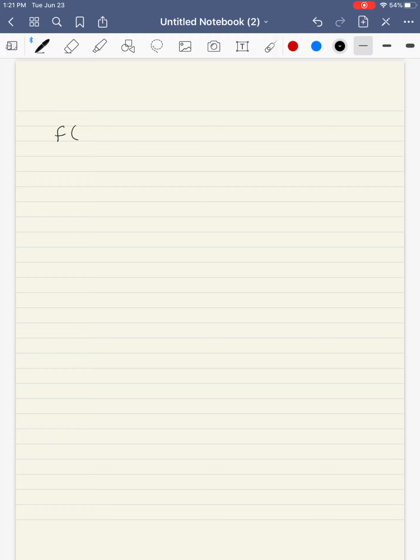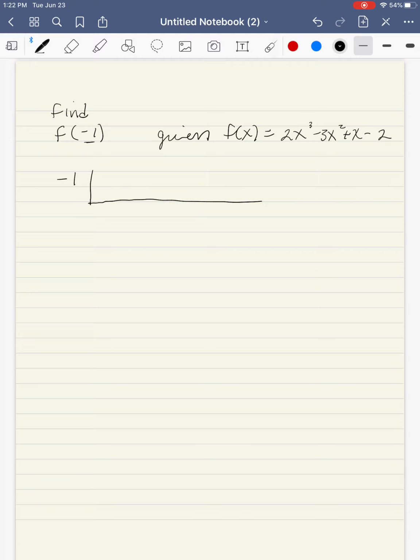So for the rest of this lesson, if it asks you to find a function value, say f of -1, given f of x, we're just going to do synthetic division using the number, and notice we use the number exactly the way it is.